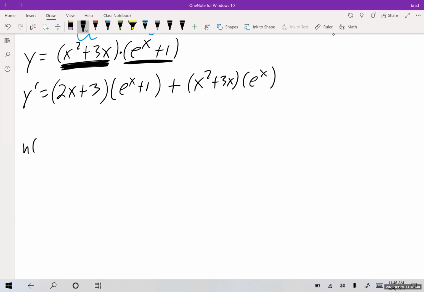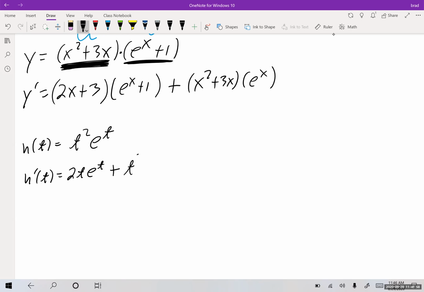So now let's say that h of t is equal to t squared e to the t. Okay, well, what we can do is we can then say h prime of t is equal to 2t e to the t. So I took the derivative of t squared, which was 2t. I rewrote e to the t. Now I'm going to take the derivative of e to the t, which is, oops, I'm going to do it my way, not the book's way.